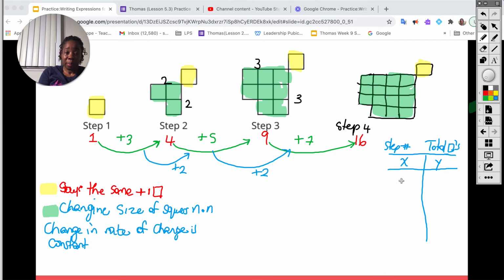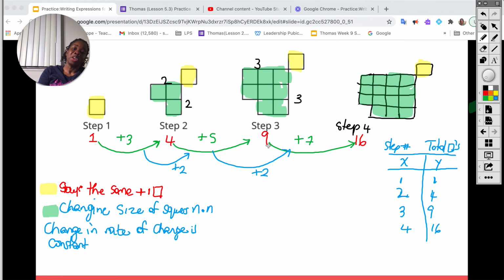All right, so on step 1, I have 1 square. On step 2, I have 4 squares. Step 3, I have 9 squares. And on step 4, I have 16 squares.